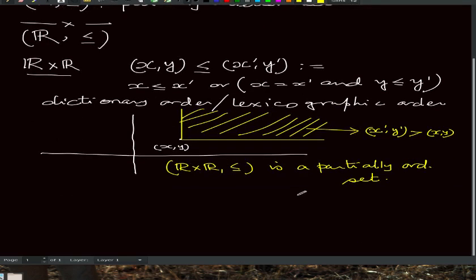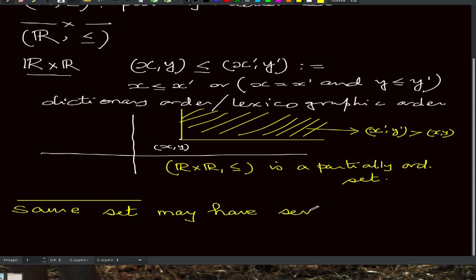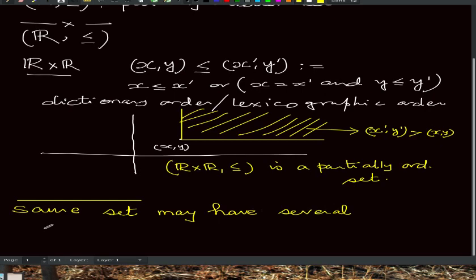I was also going to say one more thing. Sometimes it might still happen that the same set may have several partial order relations.